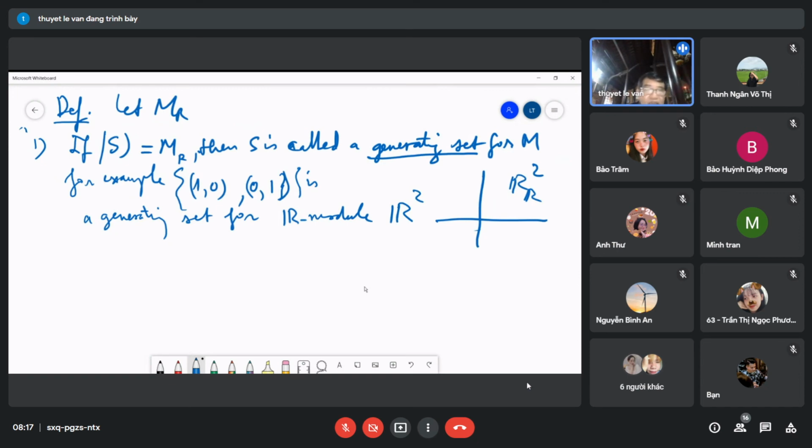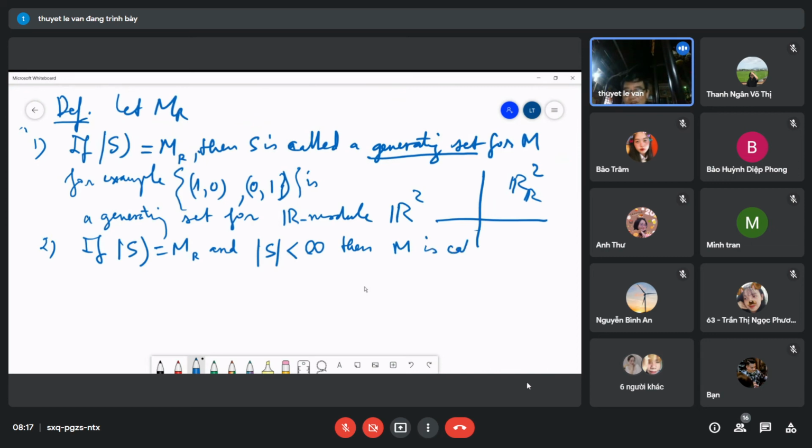Second, if S is a generating set and S is finite, then M is called finitely generated.